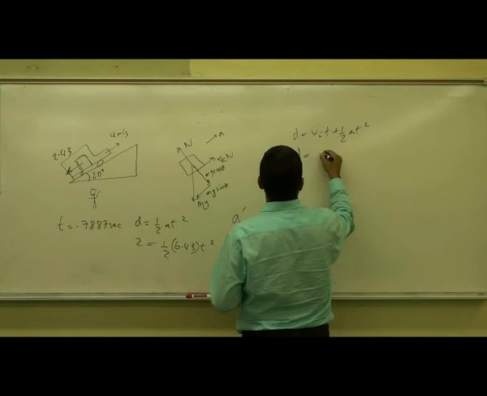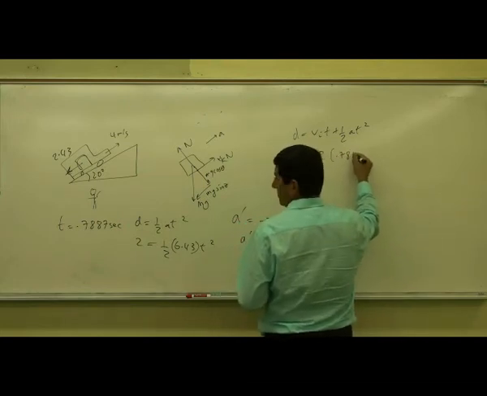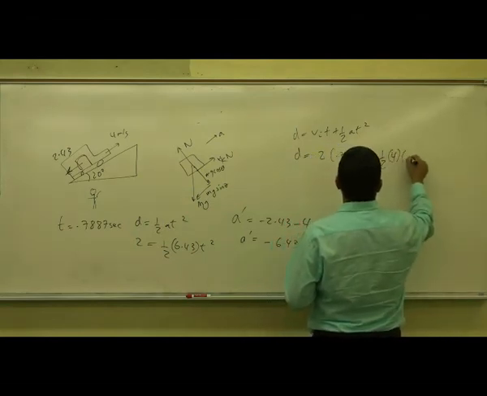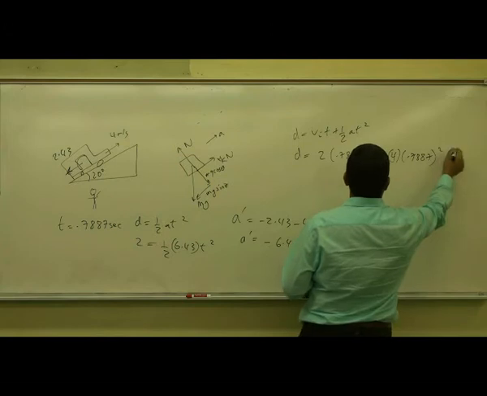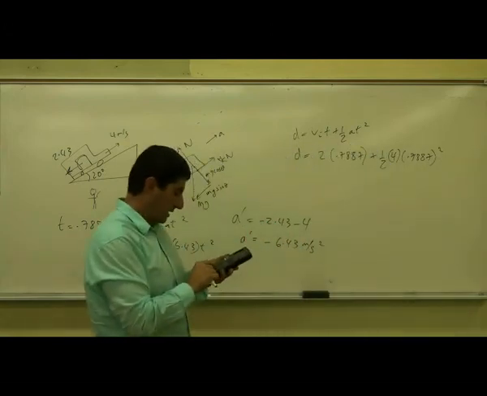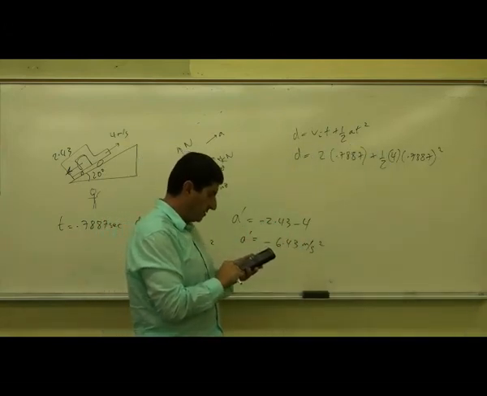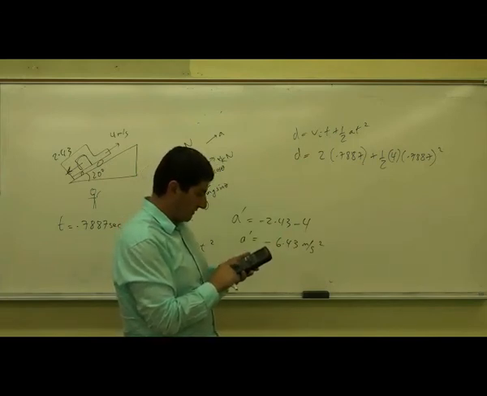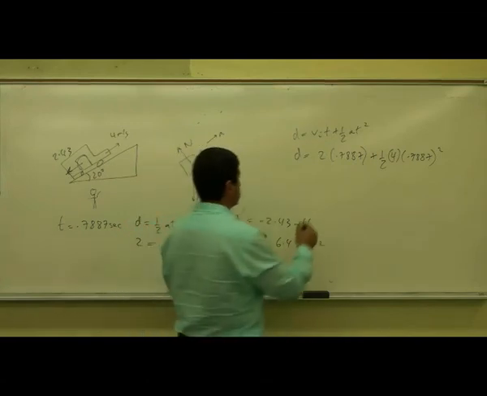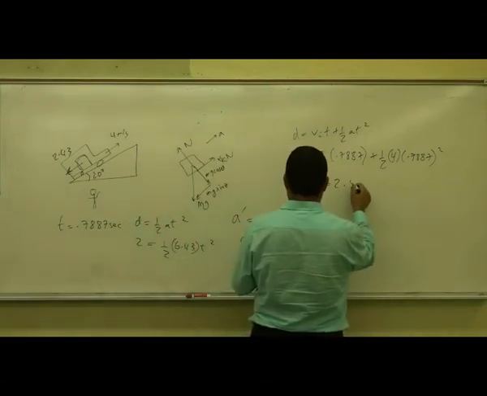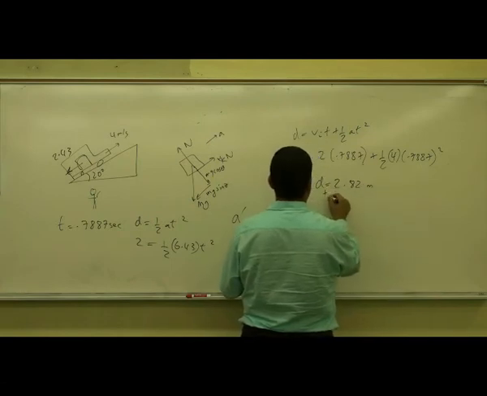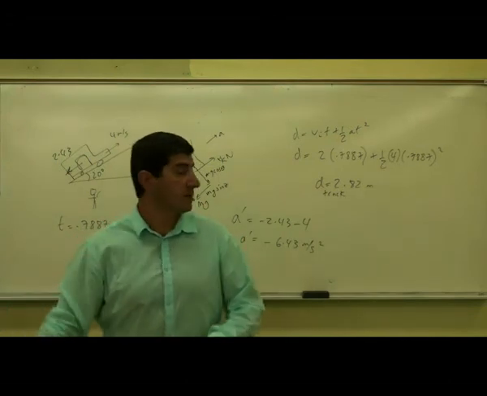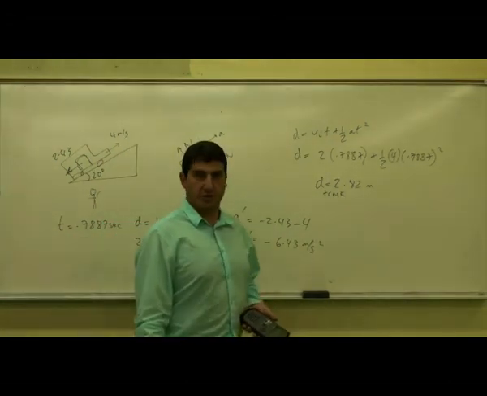V initial, let's say it was still 2, so it's 2 times 0.7887 plus half times 4 times 0.7887 squared, which is 2 times 0.7887 plus 2 times 0.7887 squared. That gives 2.82 meters. So the distance of the truck with respect to a person on the outside is going to be 2.82 meters.